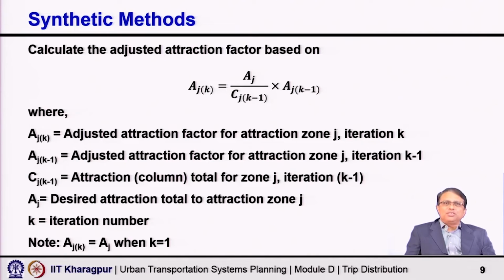That will depend on what is my Aj, my desired attraction for zone j, divided by Cj(k-1), what attraction total I got for zone j in the previous iteration, times Aj(k-1), the adjusted attraction factor for zone j that we used in iteration k-1.